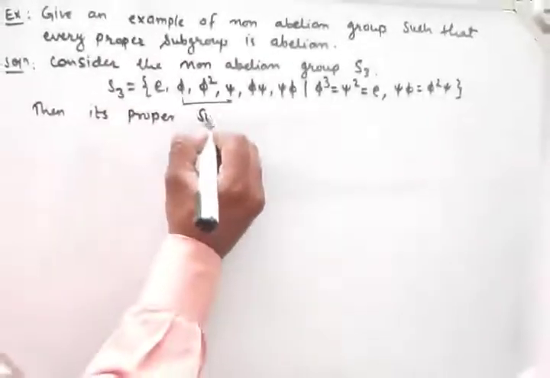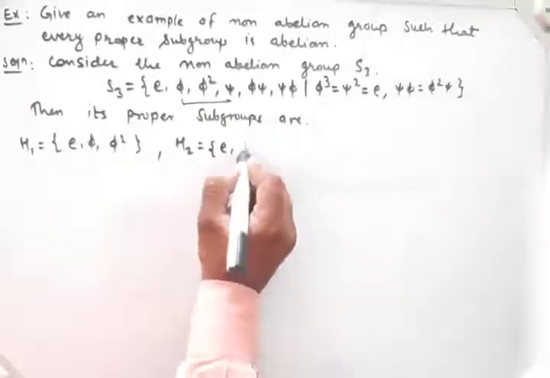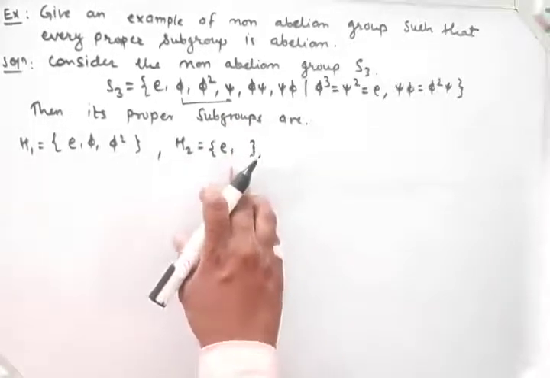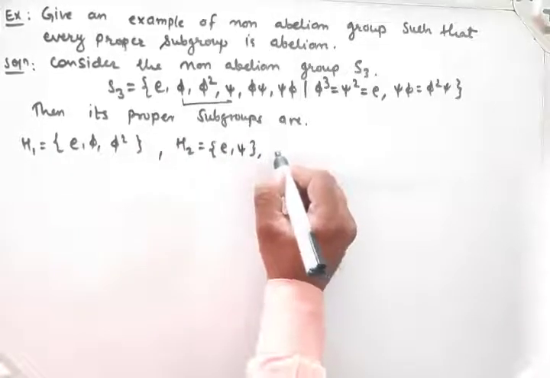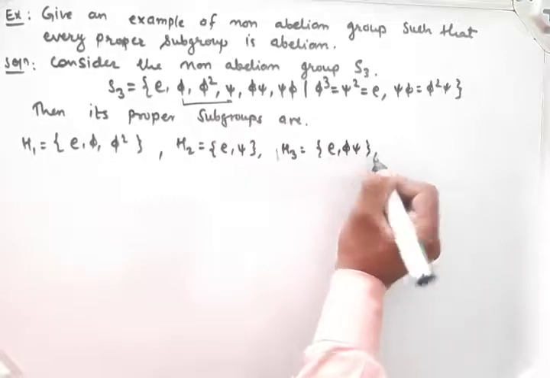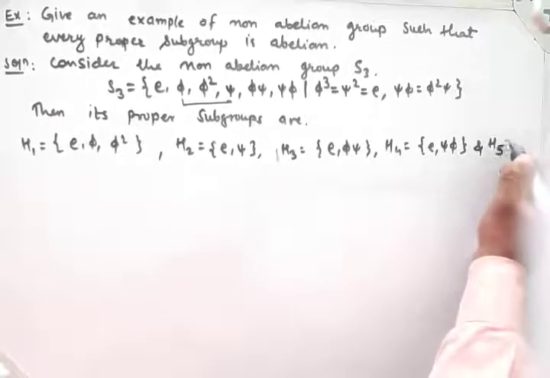Now its proper subgroups are: first H1, which is identity, phi, phi square; next H2, which is identity and psi; next H3, which is identity and phi psi; next H4, which is identity and psi phi; and H5, which is the identity.